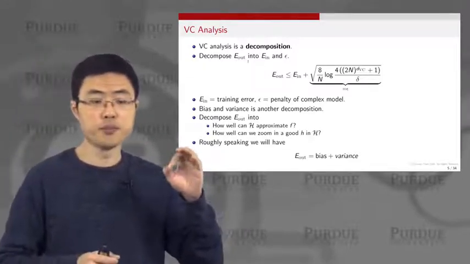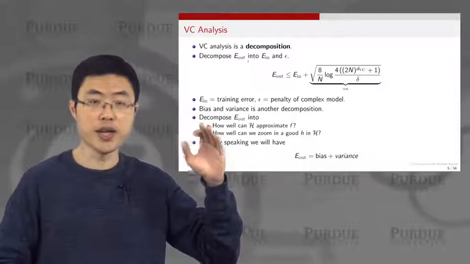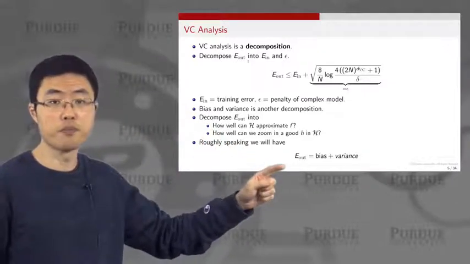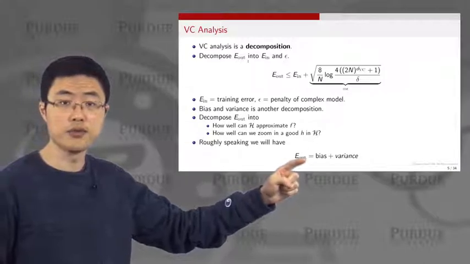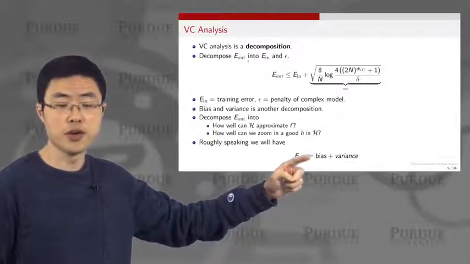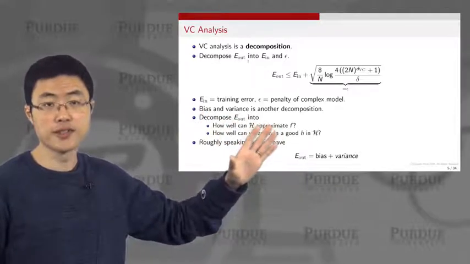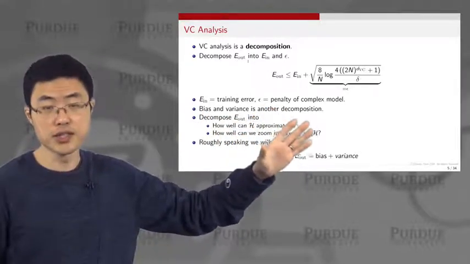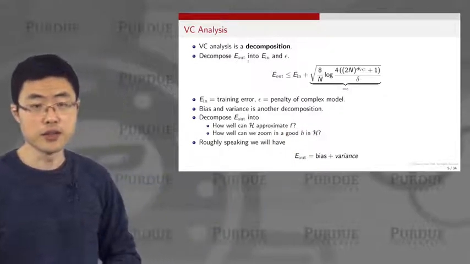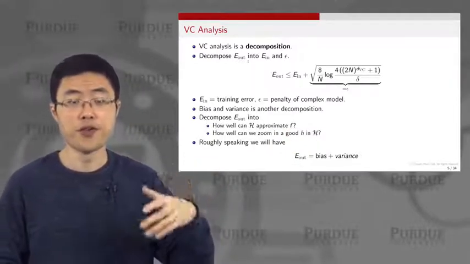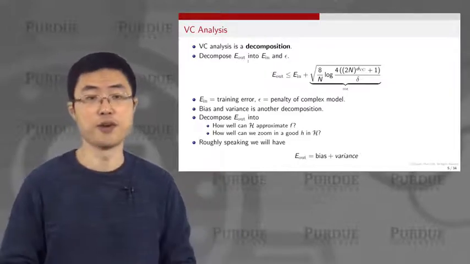Now, if you try to answer these two questions, you will end up having the following results. The first question will give you what we call the bias, and then the second result will give us what we call the variance. Bias is measuring how well your hypothesis set can approximate the target function, and the variance is a measure of how much variation that you have for your hypothesis inside your hypothesis set.